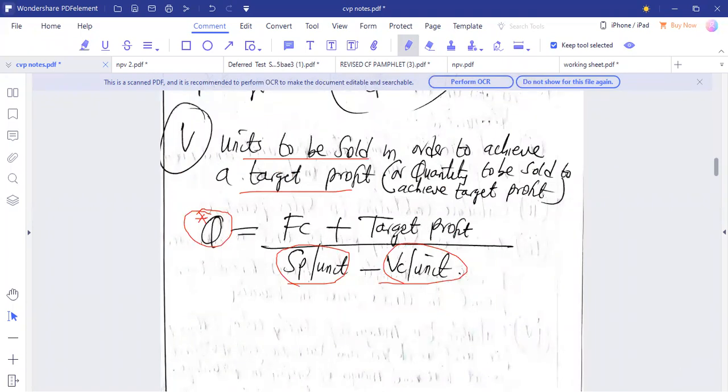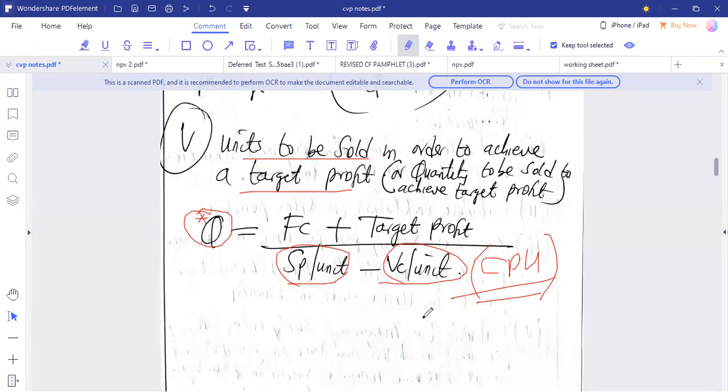The formula is fixed cost plus target profit over selling price per unit minus variable cost per unit. The difference between these two is what we call the CPU, the contribution per unit. So the denominator is the CPU.